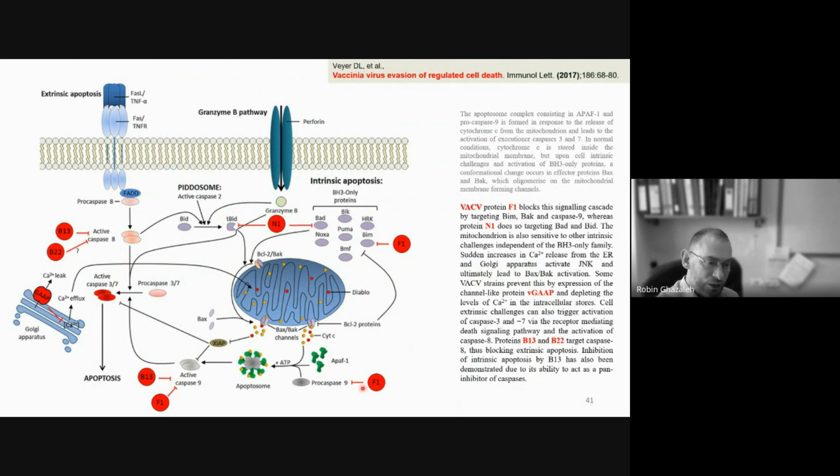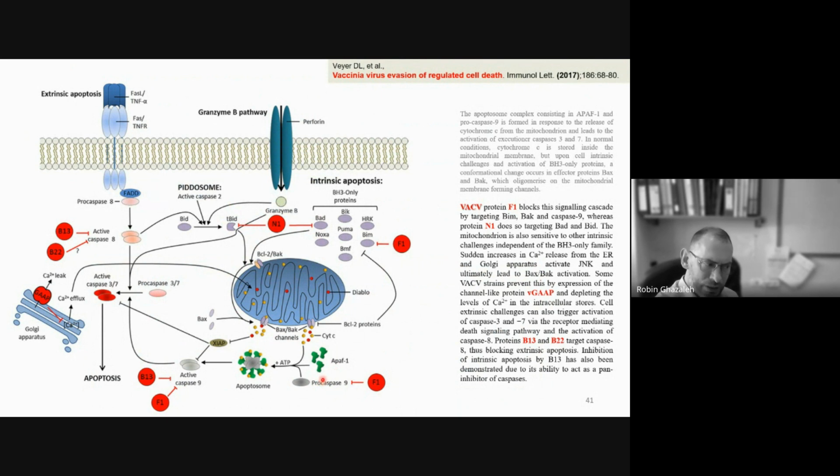F1 has another function, and it blocks the activation of procaspase 9. The caspases are all produced in a pro form, which do not have proteolytic activity, but they are processed by cleavage by another caspase further higher up the chain.